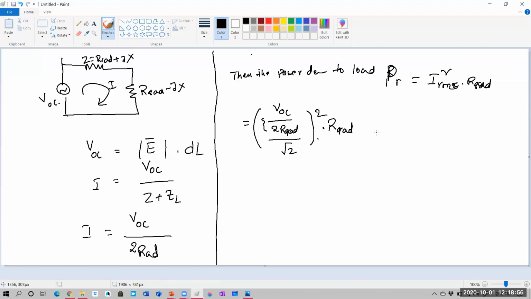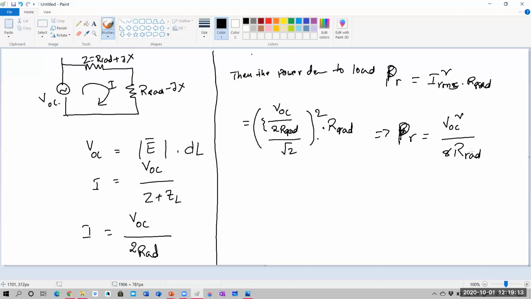From this we get P_r equal to V_OC squared by 8 times the radiation resistance.